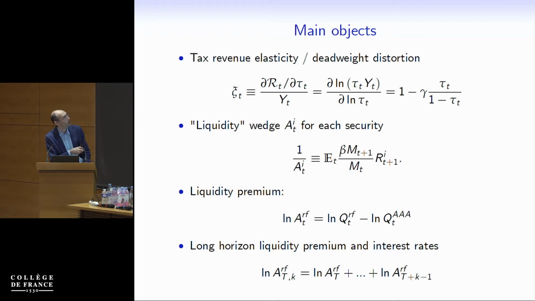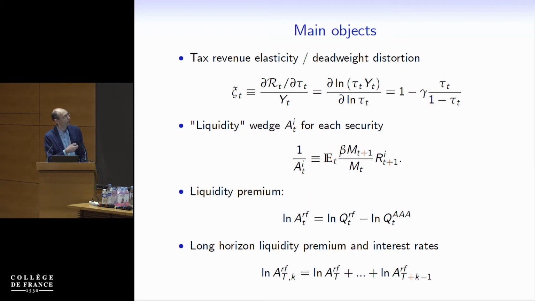The second object, we'll call it the liquidity wedge. Liquidity wedge for any security will be just, you take the return on that security weighted with the Lagrange multiplier in the household's Euler equation, and 1 over this we'll call the liquidity wedge. If households can trade assets without any frictions or without any additional utility benefits, this thing is always 1. This is just the Euler equation. If government bonds have additional convenience, utility benefits, so the liquidity premium on government bonds is positive, then this thing will be positive.